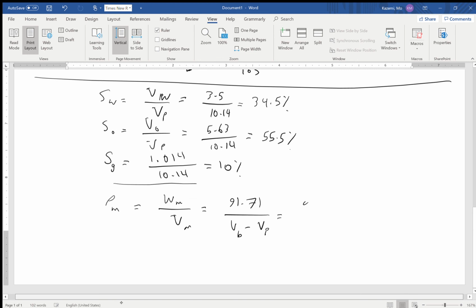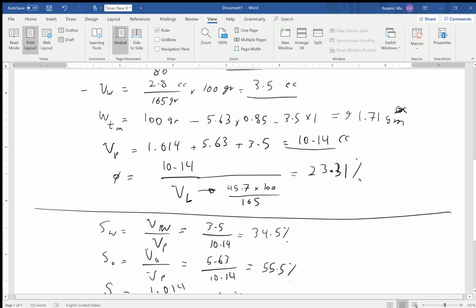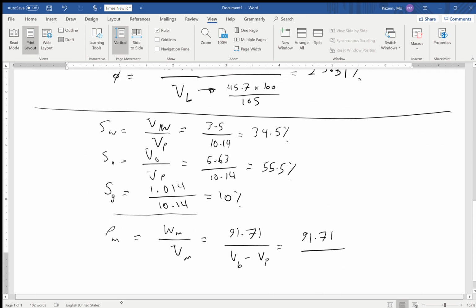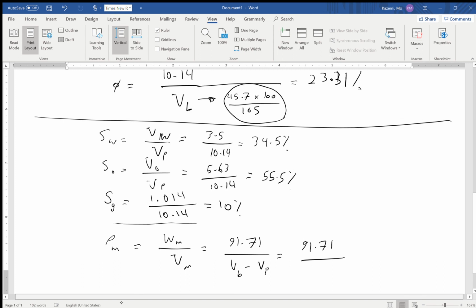The bulk volume we calculated as 43.52 cc.